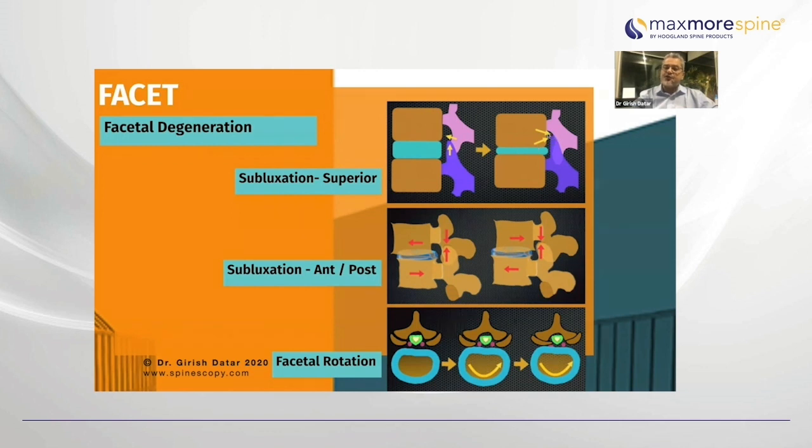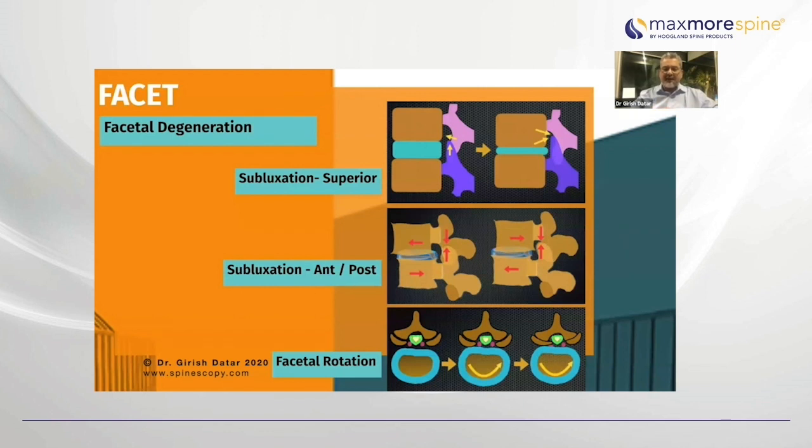And you get into a situation where the tip of the superior articular process gets into the upper part of the foramen. The second kind of abnormal movement that is occurring, because of the capsular laxity in the facet joint and the incompetence of the posterior annulus, is an anterior or a posterior subluxation of the vertebrae. And the third thing that is happening is that during the collapse, you have rotations in the vertebrae.